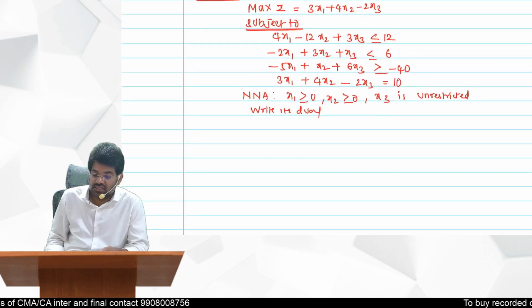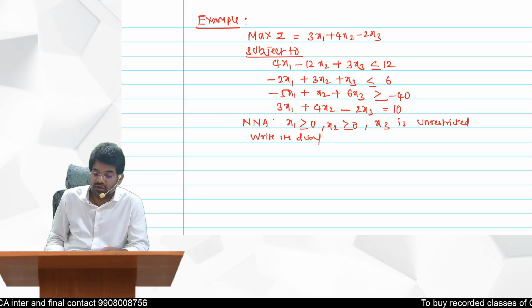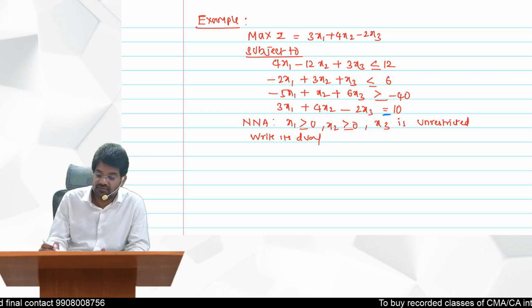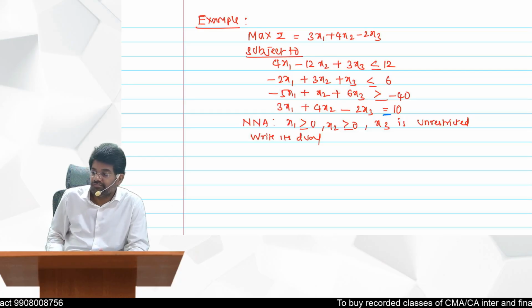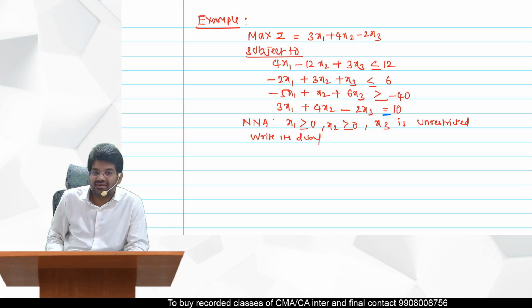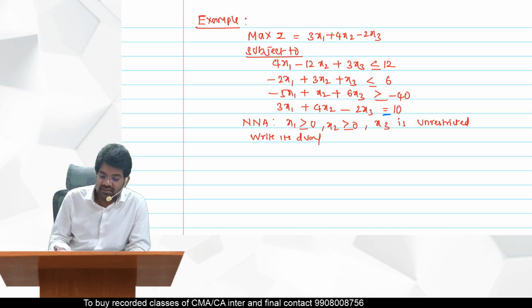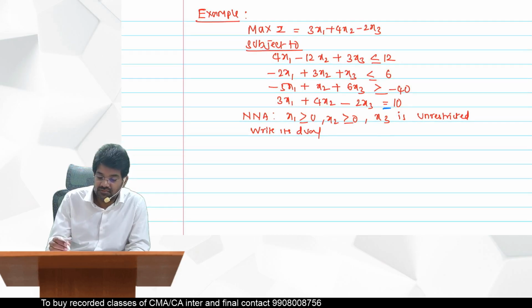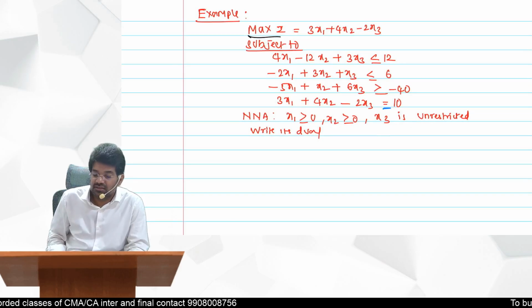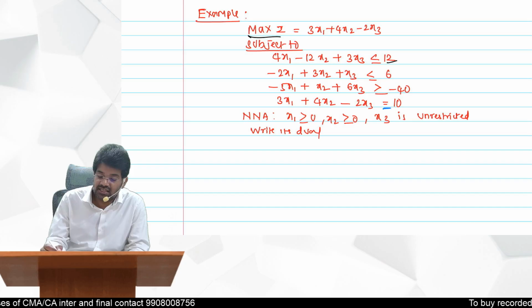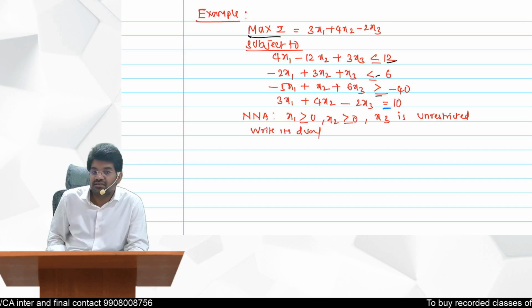Now see this one. When you have equal to, you need not do anything here, only for greater than or less than. Now since it is maximization, you should have less than here, but here you have greater than.